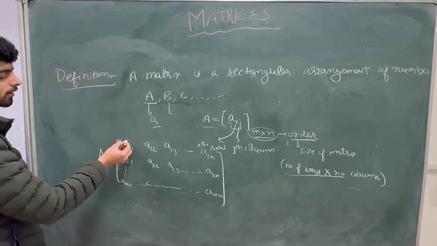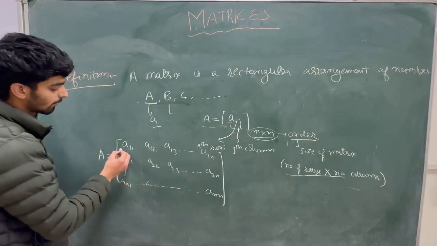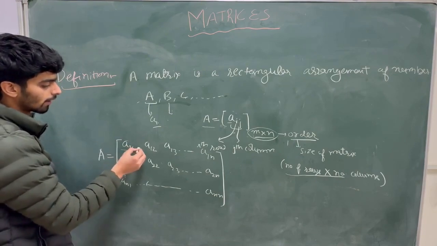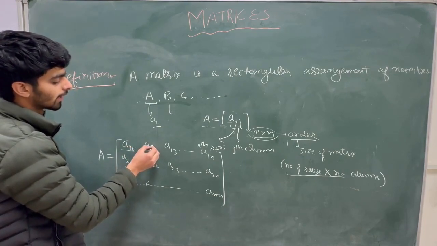Here you can see that A11 means the first row and first column element, and similarly A12 is the first row and second column element.